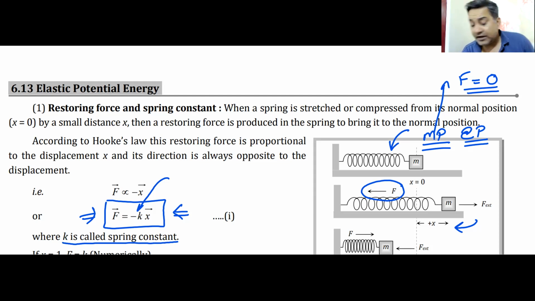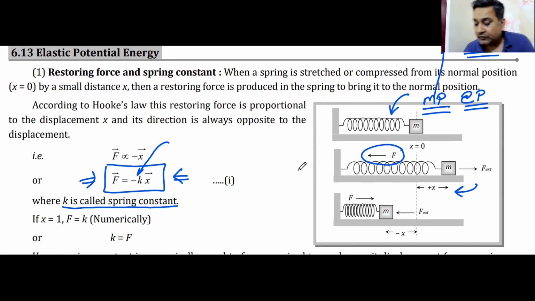Okay, I would ask you now to note these things down. You have to draw these three diagrams. This is the mean position. Here it has been extended. Here it has been compressed. So draw the three diagrams and draw the direction of force. In case number 2, the direction of force is pulling. In case number 3, the direction of force is pushing.